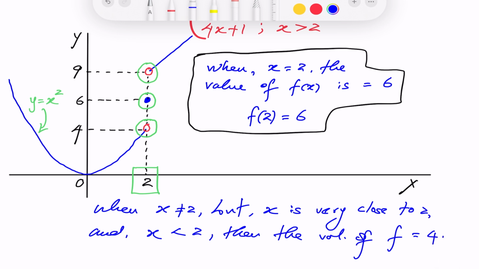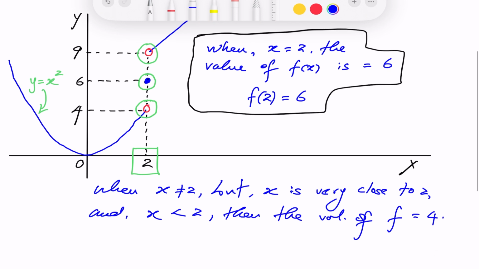But how do we write that statement using some mathematical symbols? We can write it this way. We don't say that x is equal to 2. We can say that limit x approaches 2. This means x is not equal to 2, but x is very close to 2. I need the value of f of x. But unfortunately, there are two possible candidates for that. When x is not equal to 2 but very close to 2, there are two possible candidates.